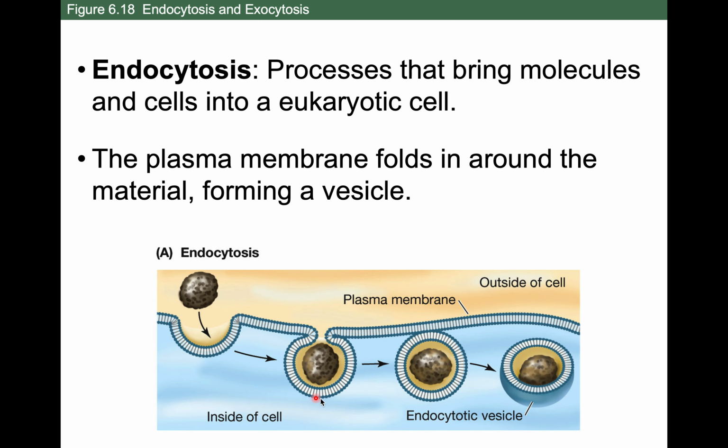And it can fold in so much that it eventually just pinches off around that macromolecule or that material, forming now what would be a vesicle, an endocytotic vesicle inside the cell. And this could then move off and fuse with maybe a lysosome if this was something that needed to be digested, or whatever part of the cell this needed to head to. This vesicle could now go fuse with some other membrane inside the cell.